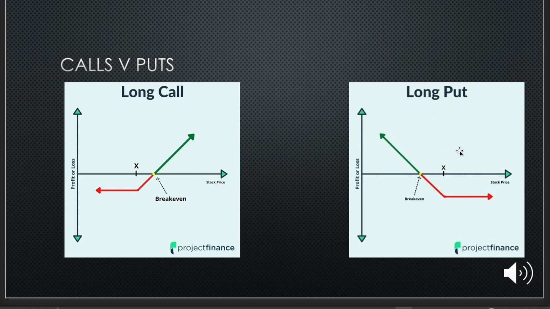By the same token, if you are long a put, then that means that you expect the stock price of your underlying to go down. And as it does, the green arrow gets higher and higher, which is your profit on the vertical axis.